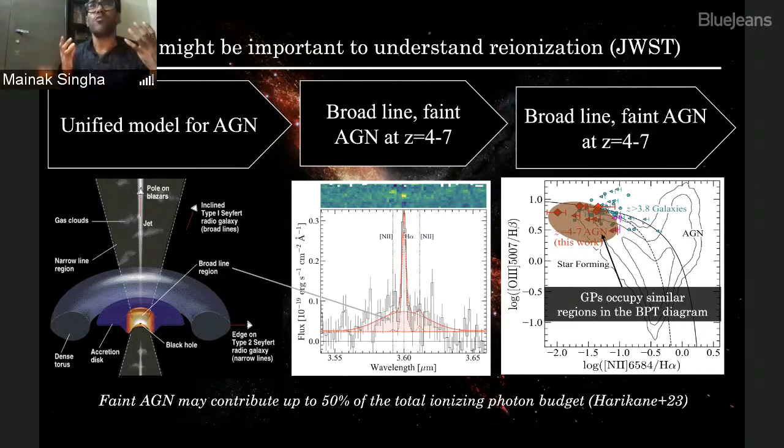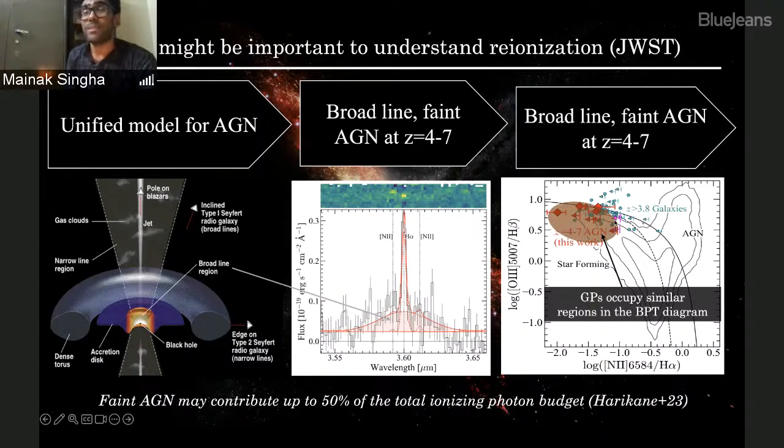Now, what's the relation between AGN and green peas? If you look at the right panel, I've shaded the region where green peas usually lie in the BPT diagram. The AGN host galaxies from the Harikane sample and the green pea galaxies are sharing very similar space in the BPT diagram.